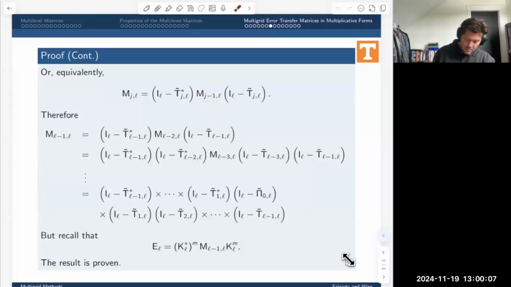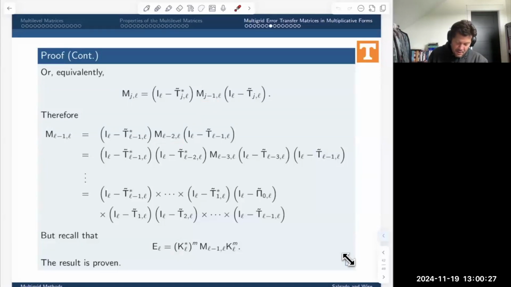And therefore, what we did whenever we proved the structure of the error transfer matrix, if we look at the error transfer matrix at a generic level L, it involved M_{L-1}. But this little identity here allows us to ratchet this middle object down 1.